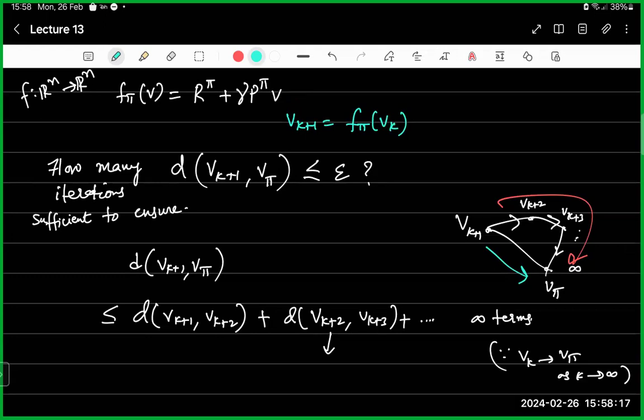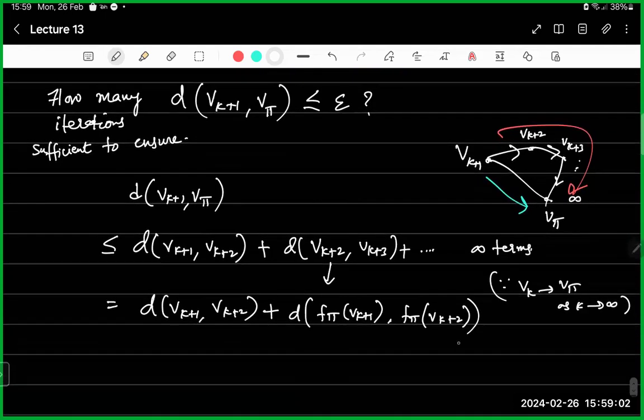So this is equal to d of v k plus 1 comma v k plus 2 plus d of f pi of v k plus 1 comma f pi of v k plus 2, plus so on, right?